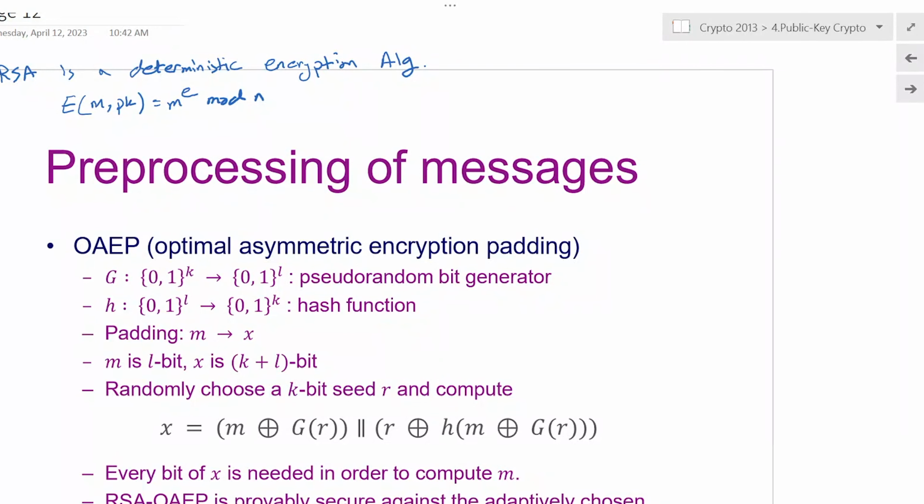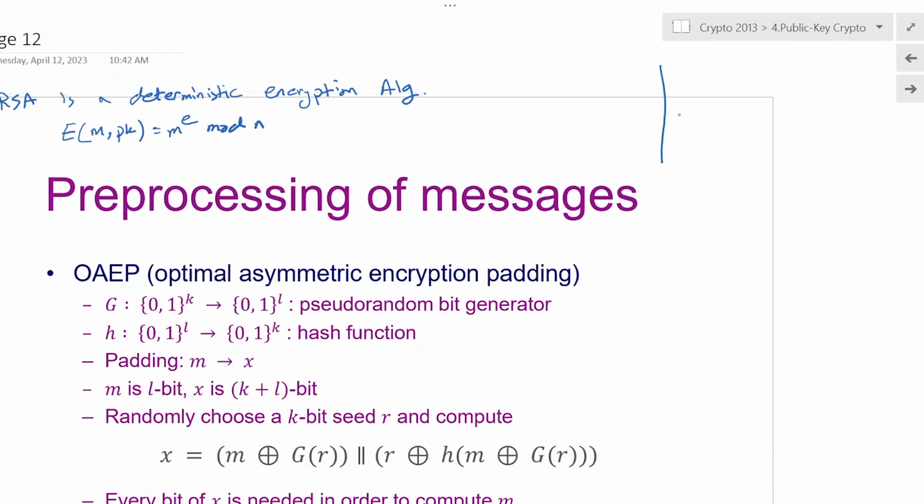One of the problems with such a deterministic algorithm is that when I know somebody's public key, I can go ahead and create a pre-computed table given the public key. So let's say I compute the ciphertext of message 2, then choose the message to be 3 and pre-compute the ciphertext of 3, then 4, C4, and so on and so forth.